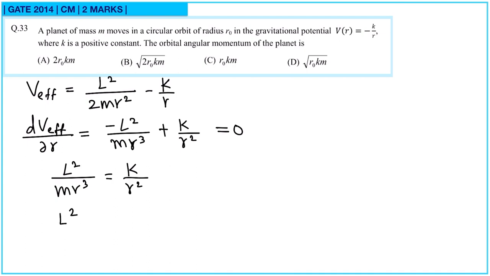So L square is k m r. So L is equal to under root k m r, and this is when r is equal to the equilibrium value. So let it be r naught. So option D is correct.